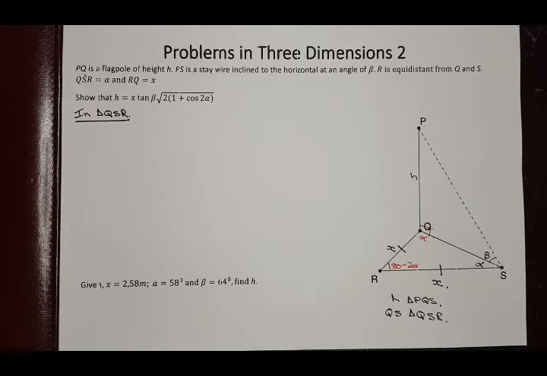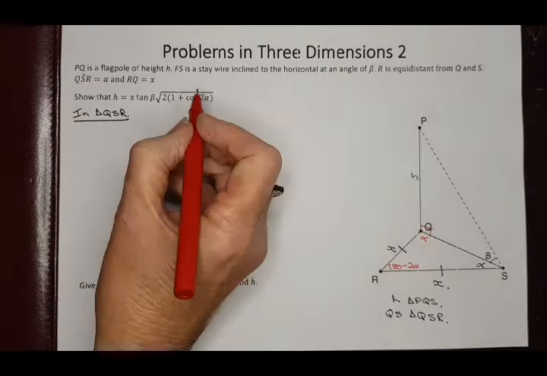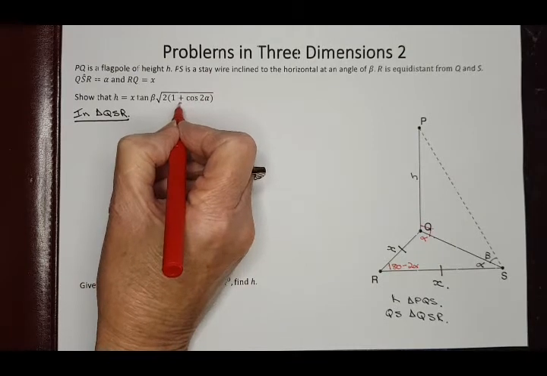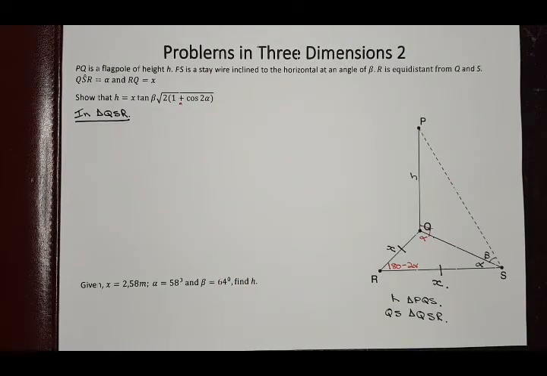If we had numbers instead of x, alpha, beta, we could just use either rule and we'd land up with the same answer. But if we want to get an expression that looks like that plus sign, that's an indication that in this sum, I need to find an expression for QS by using the cos rule.